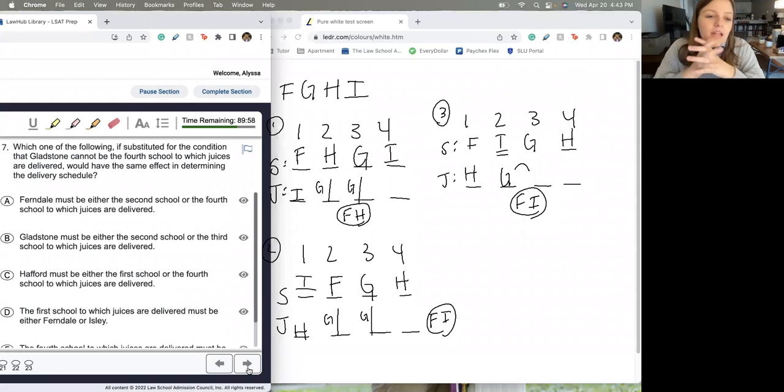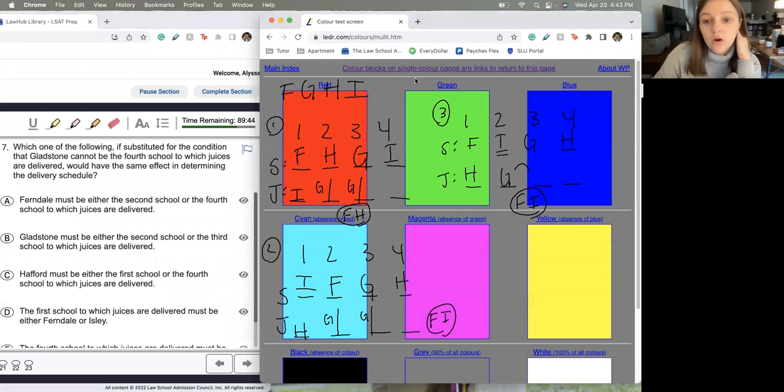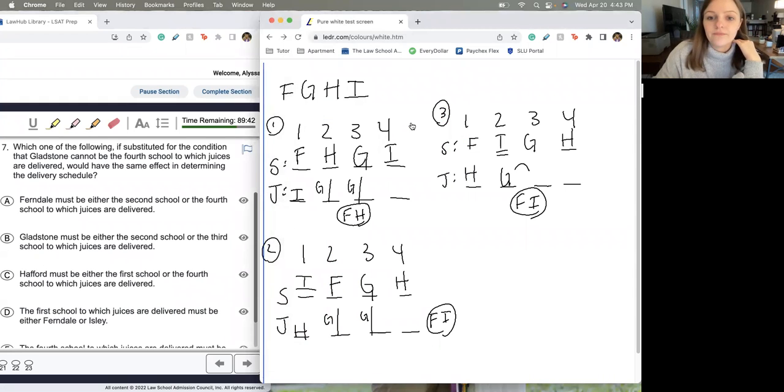So answer choice A, F must be either the second or the fourth school to which juices are delivered. Does that have to be true? Does not have to be true, because if I'm looking at juices, I'm looking at that first world, I can put F in that third spot, G in that second spot, and H in that fourth spot. So because it does not have to be true, if I picked answer choice A, it would mean that I would lose this diagram.